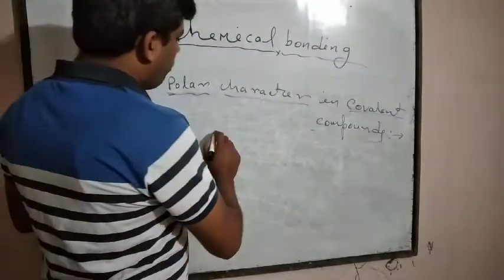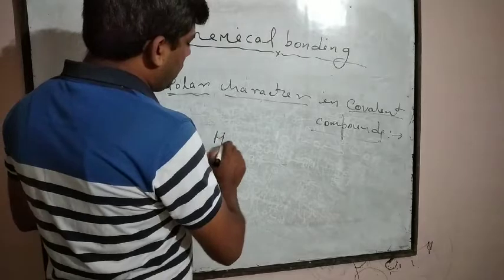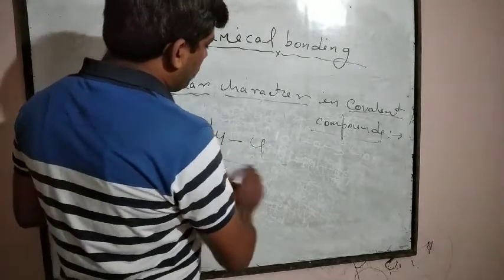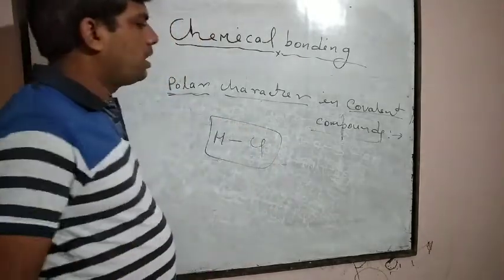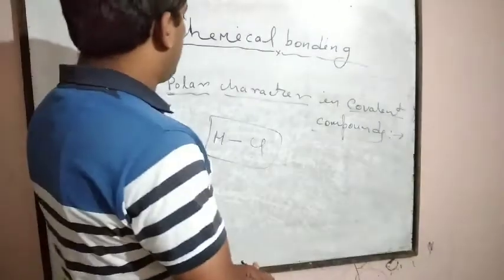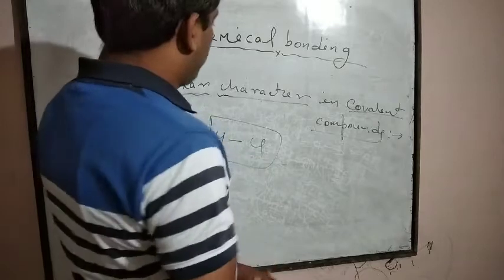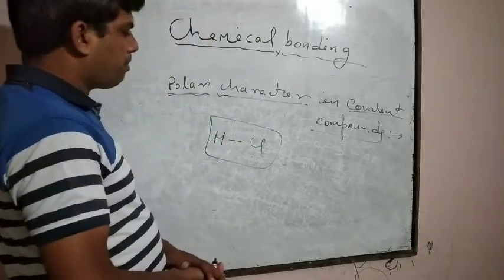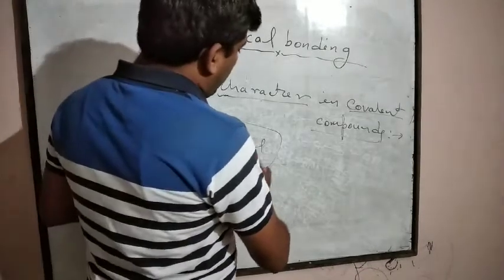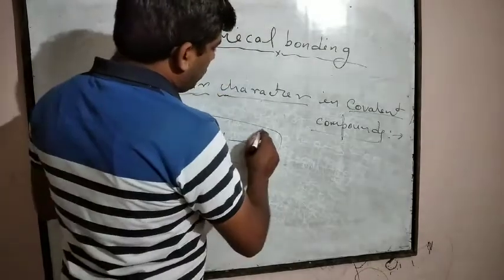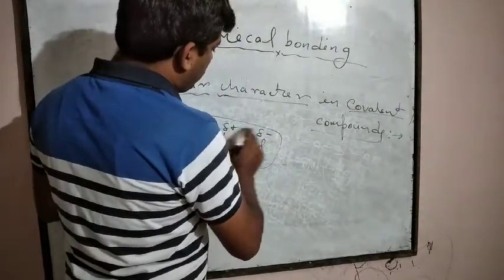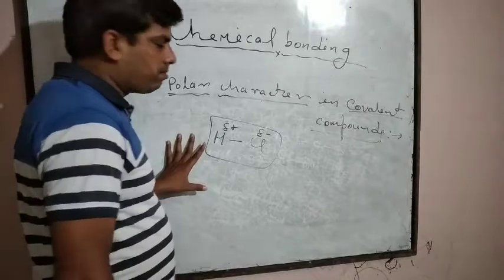For example, if we take HCl, hydrochloric acid, what happens between hydrogen and chlorine? Here the electronegativity of chlorine is high, so it is negative, and hydrogen has a positive charge.